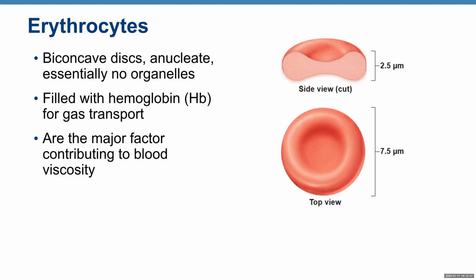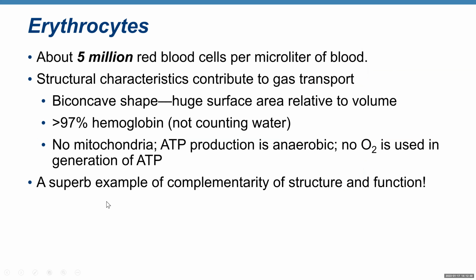Erythrocytes are biconcave discs and anucleate, that means no nucleus, essentially no organelles, filled with hemoglobin for gas transport, a major factor contributing to blood viscosity. About 5 million red blood cells per microliter of blood.